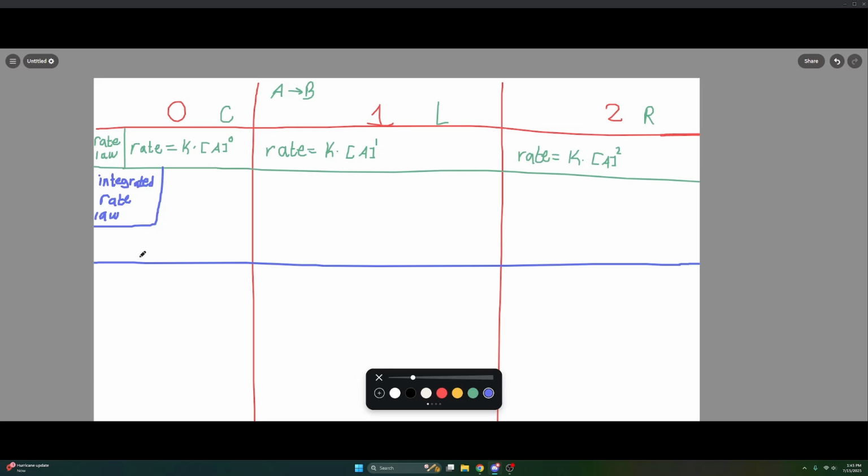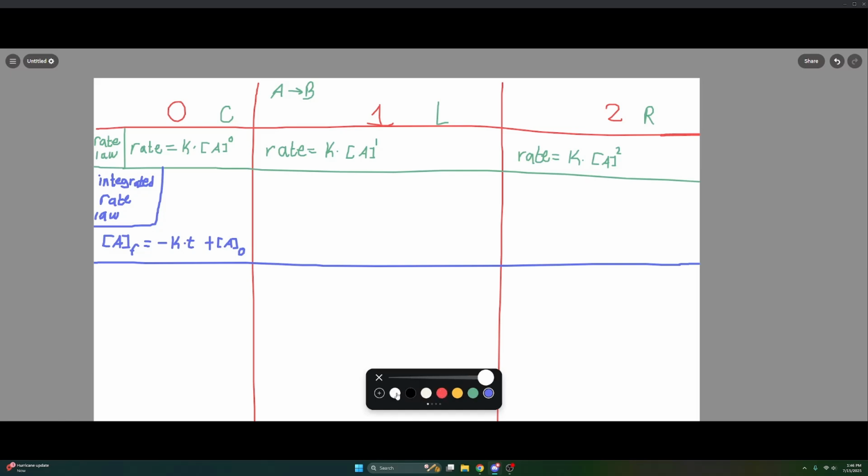I'm just going to present them. So for your 0 order, your final concentration is equal to negative k times t, where t is the time your reaction is going on, plus your initial concentration.